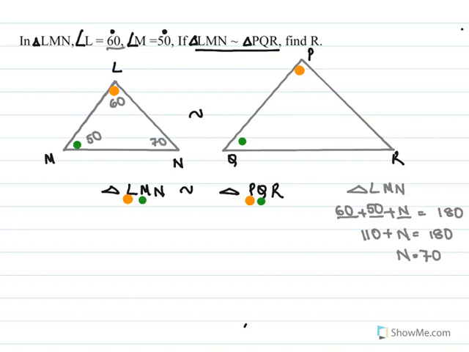And this angle N has to be equal to R, because N is equal to R. So your R will also be 70. So this was your first step. In your second step, you'll say angle N equal to angle R. Therefore, angle R equal to 70. Corresponding angles of similar triangles.